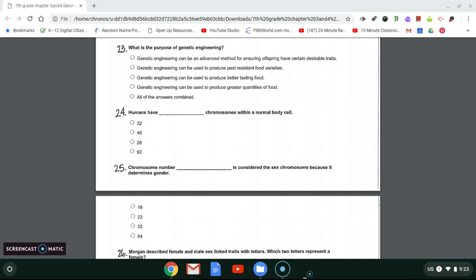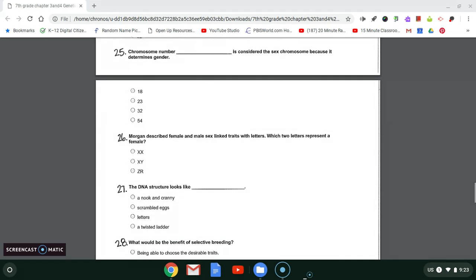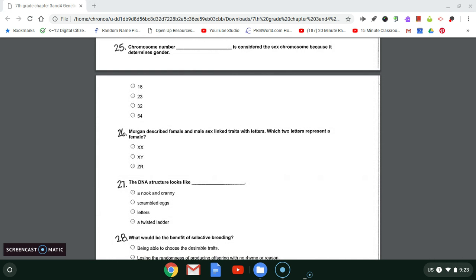Number 24. Humans have how many chromosomes within a normal body cell? 32, 46, 28, or 92? Number 25. Which chromosome number is considered the sex chromosome because it determines gender? 18, 23, 32, or 54?